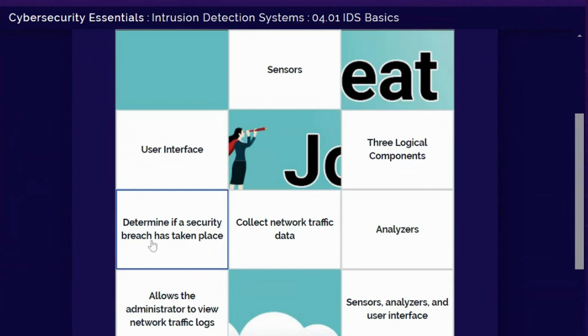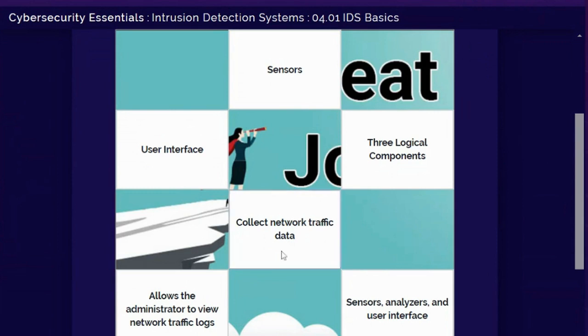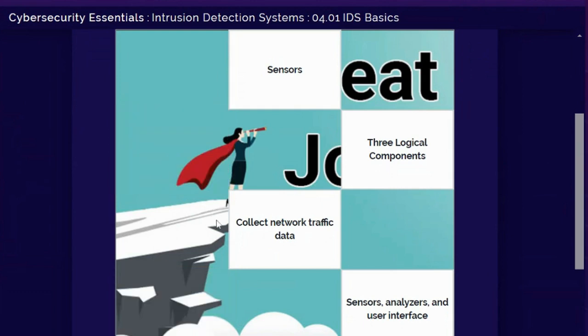Let's see. Determine if a security breach has taken place. Well, that's not going to be the interface. Not going to be the sensors. That should be the analyzers. Yeah, analyzers. Let's see. Allows the user to view the network traffic logs. User interface. I agree.